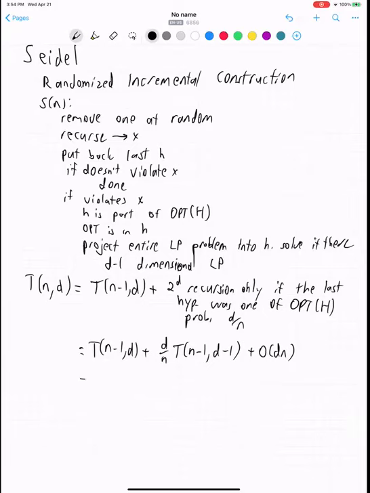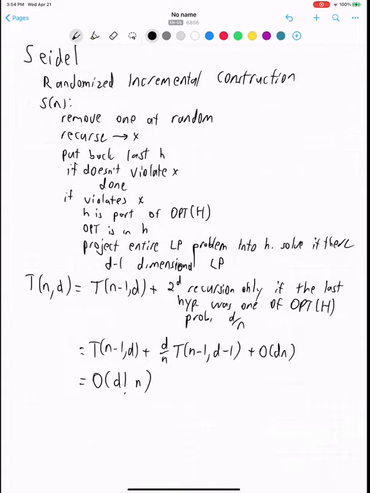And if you solve this recurrence, you get a runtime of d factorial times n. And if you plug that in, it works.